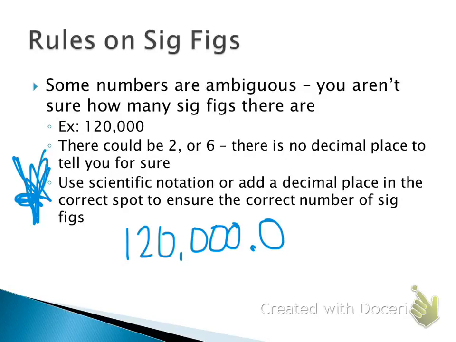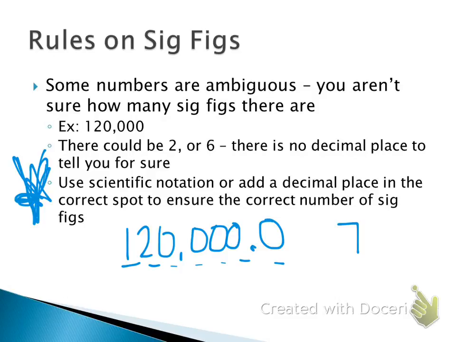If you add a decimal point, you have to add a 0 with it to tell us it's exactly 120,000. Several people try to just add the decimal point and then stop. You have to have a 0 that goes with it. So how many sig figs do I have with this number? 7. 1, 2, 3, 4, 5, 6, 7. 7 sig figs.